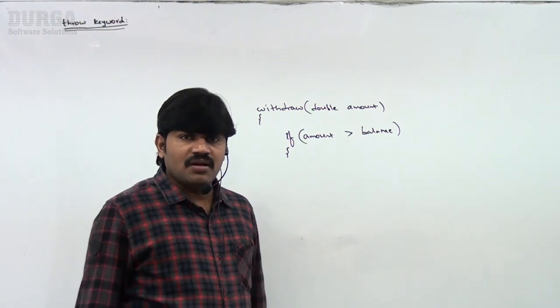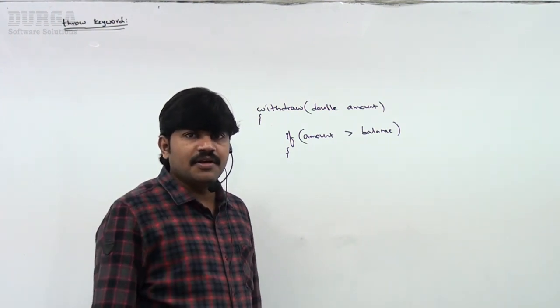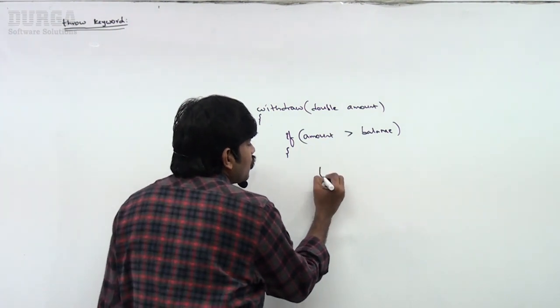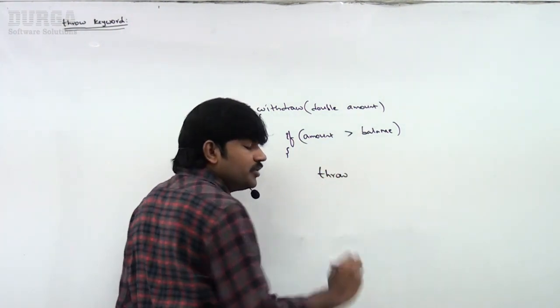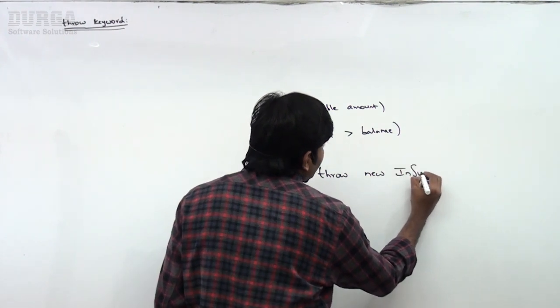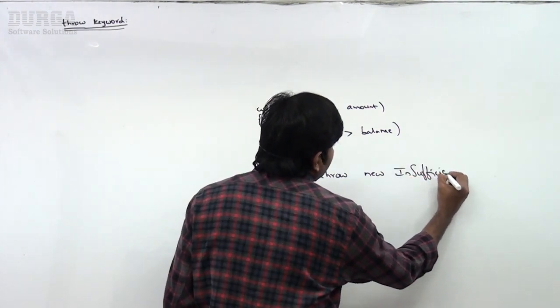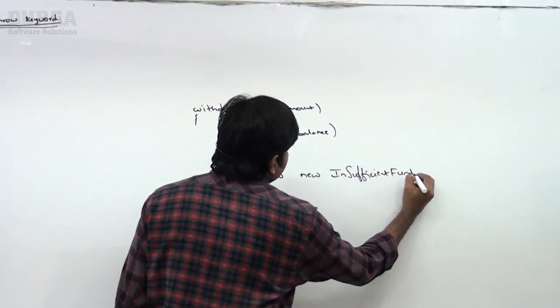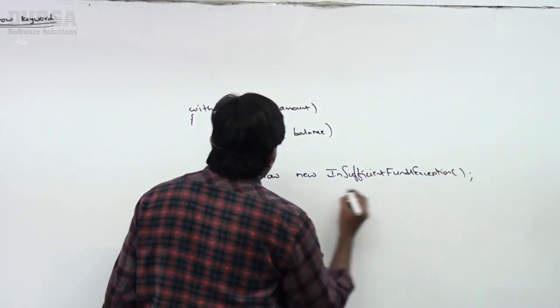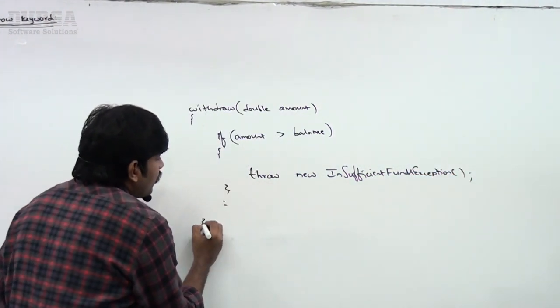No. Something goes wrong. Stop the program by raising a meaningful exception. Then what I have to do is throw, which exception do I want to raise? New InsufficientFundsException. Like this, I have to throw.